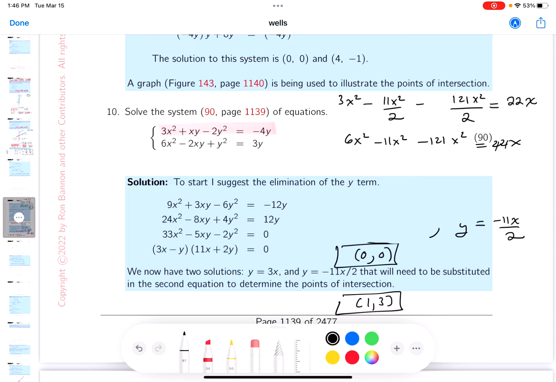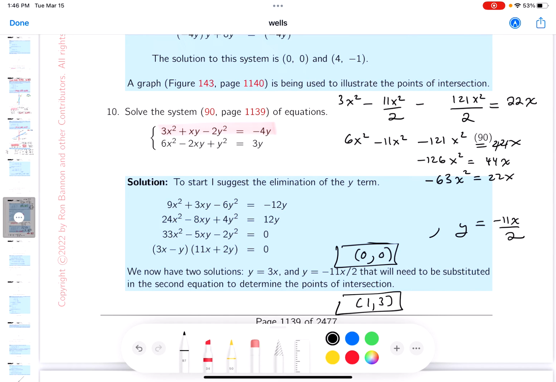And what do you get? Let's see. That's going to be minus 5, minus 126. I am going to divide both sides by 2. That's going to be 63, right? x squared equals 22x.